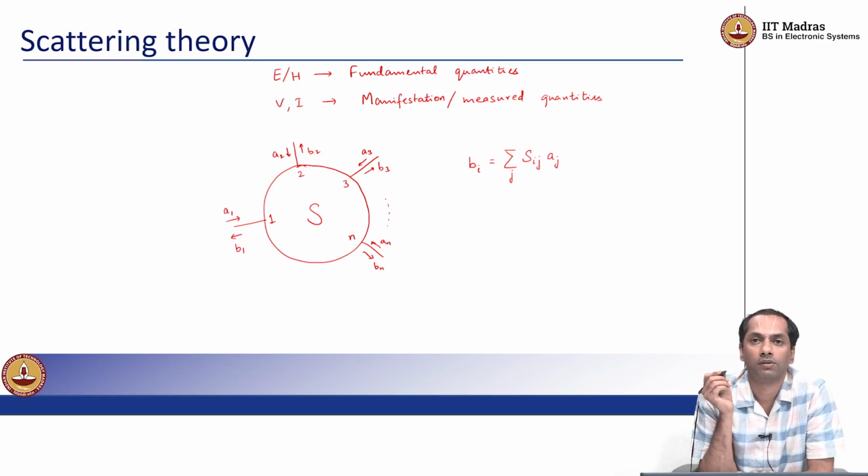So this S that I have written is a scattering junction, right? So it's a junction of where the ports 1 to n, right, interact with this complex junction. This junction S could signify anything, right? So for example, we are going to be looking at simple 2-port devices, right?